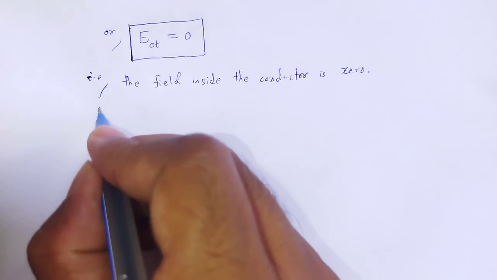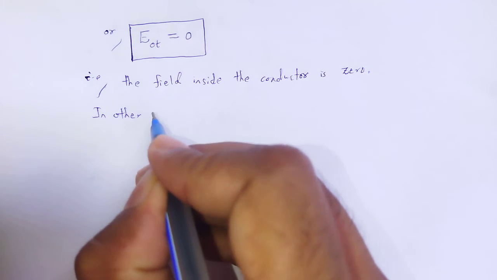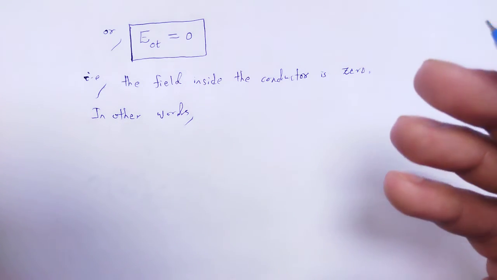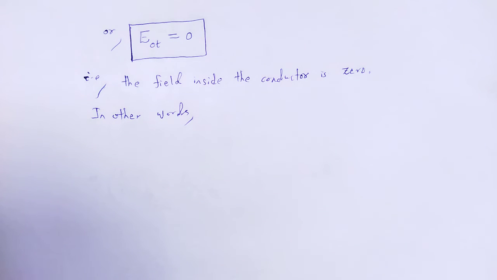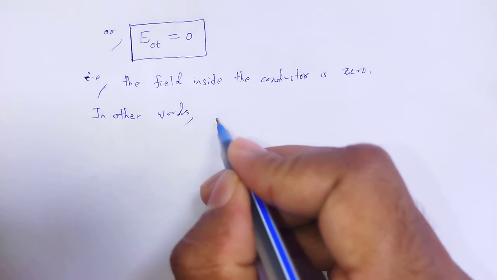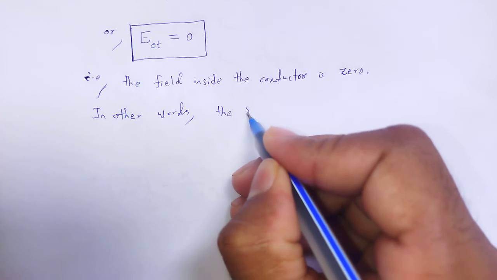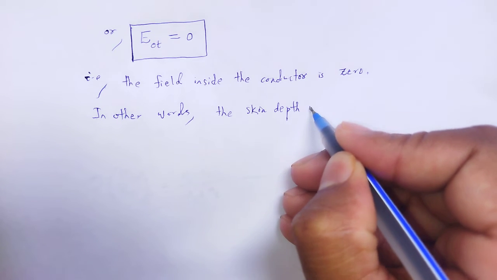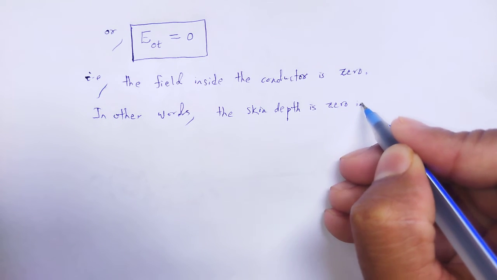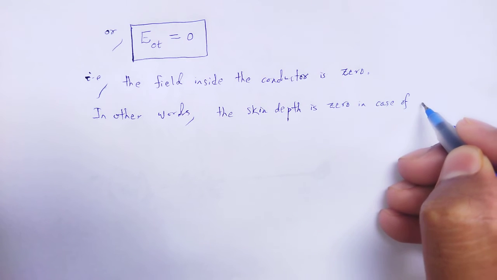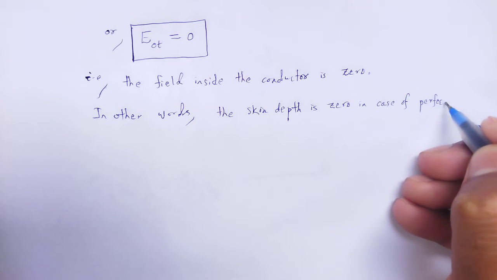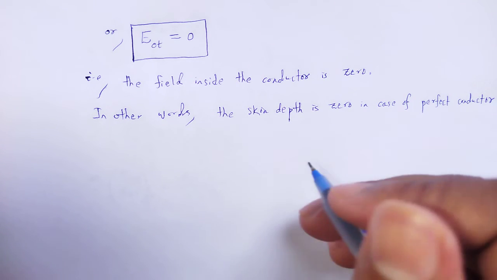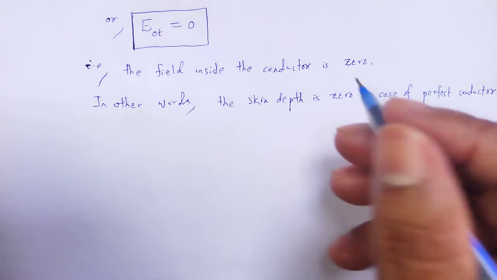In other words, technically we can say the skin depth, or penetration depth, is 0 in case of a perfect conductor. In case of a perfect conductor, the skin depth or the penetration depth will be 0.